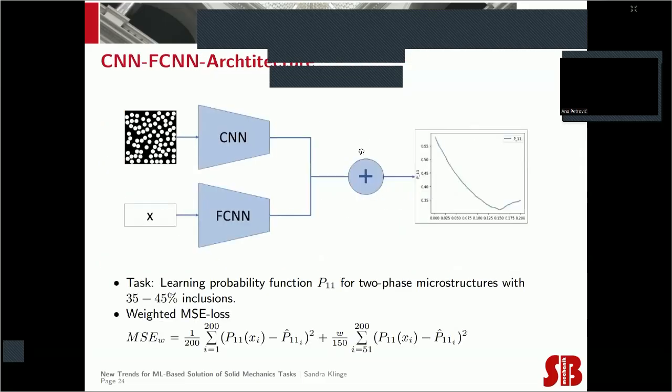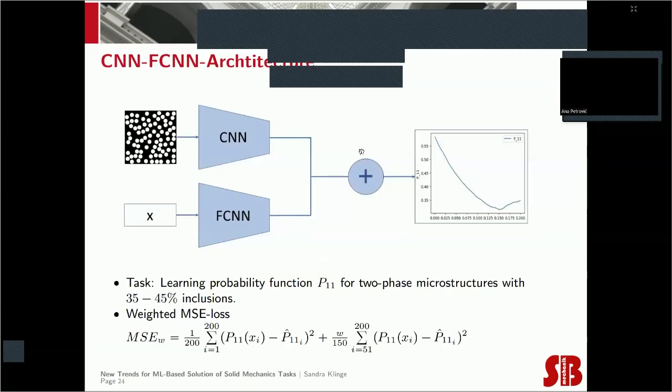I will show only two of them here. One, for example, used a convolutional neural network to analyze the picture. The other one is a fully connected neural network. It has, at certain distances, the input of correlation functions.